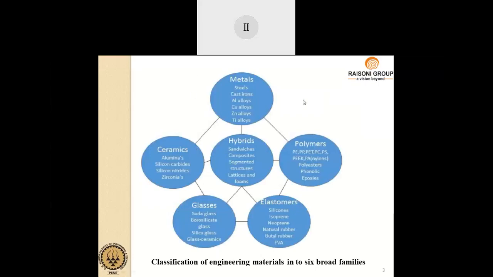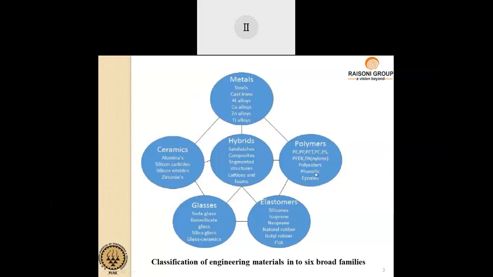If you see the metals, you will find steels, cast irons, and different types of alloys like aluminium alloys, copper alloys, zinc alloys, titanium alloys. Then there are different hybrid materials and different polymers.